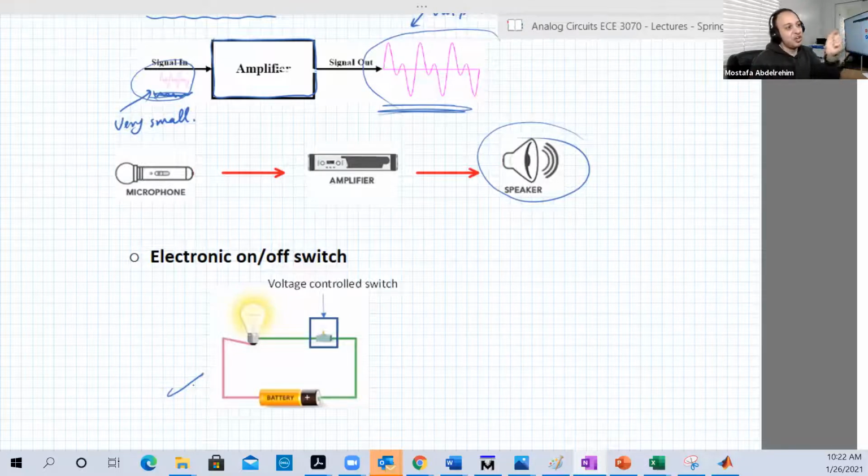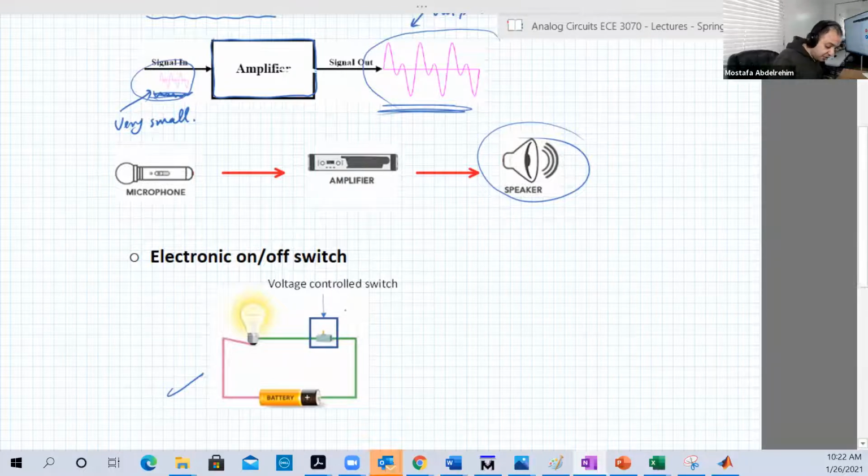The relay is usually that size, for example. But we can do that in nanometer scale and put it in a circuit using the kind of devices that we're going to learn in this course.